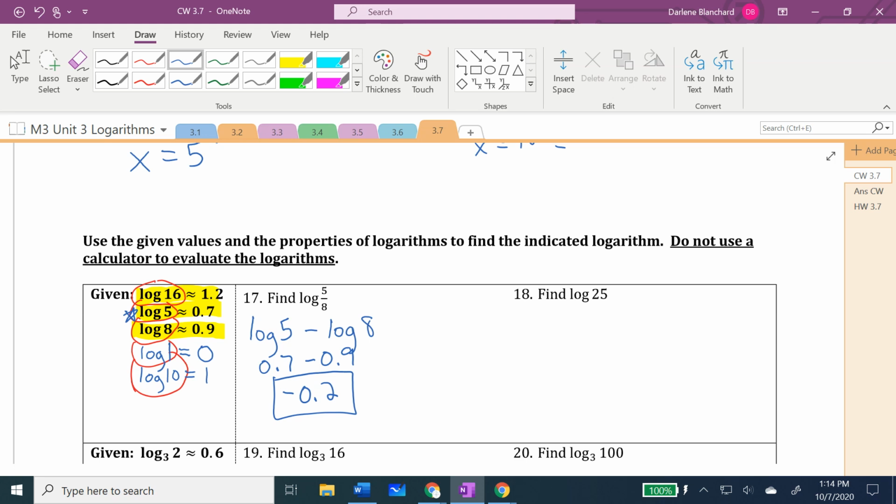Okay, number 18. Does 25 sound familiar? What does 25 start moving around in your head? And these kinds of problems, the question that I see on the screen with these kinds of problems, they basically flat out give you these, and they expect you to know that you're supposed to use log rules to expand and then use those numbers.